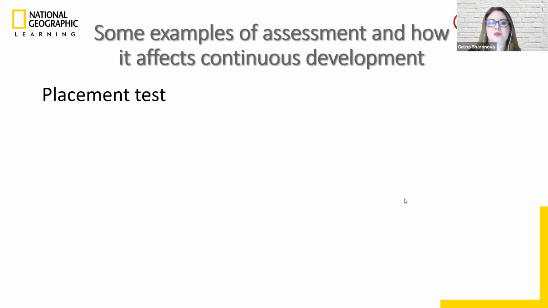Practically speaking, when we deal with teenagers and adult learners, we usually have a big choice. All the course books provide a placement test, but it's always pretty challenging to place young learners, schoolers or primary schoolers, in the right group.